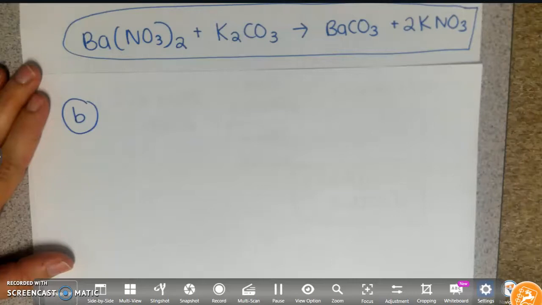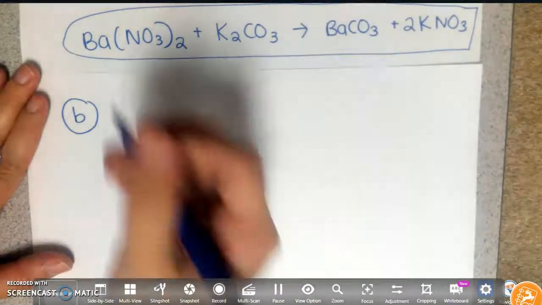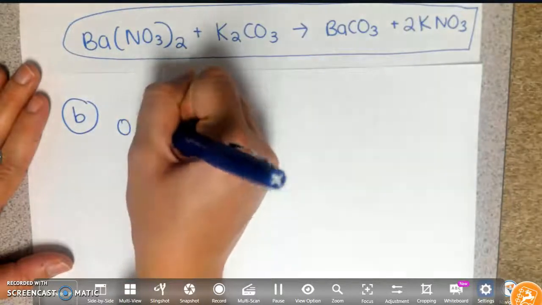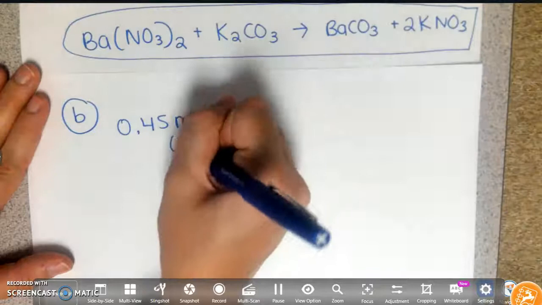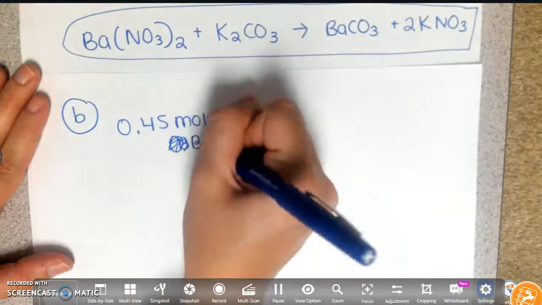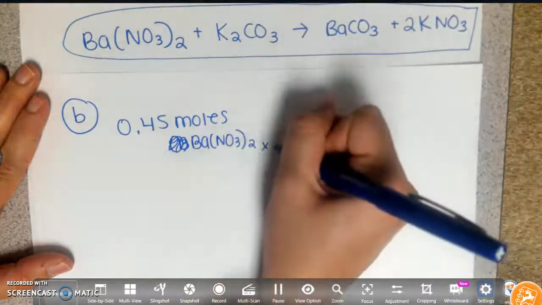So how many grams of potassium nitrate will be produced if we start with 0.45 moles of barium nitrate? Start with what you're given, 0.45 moles of this. So 0.45 moles barium nitrate times.